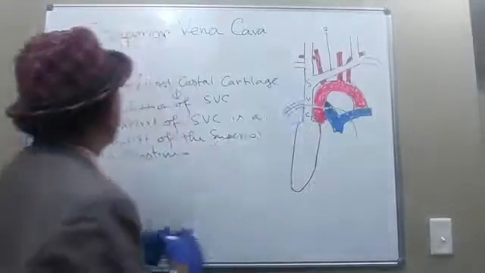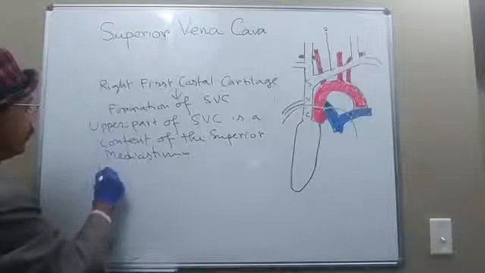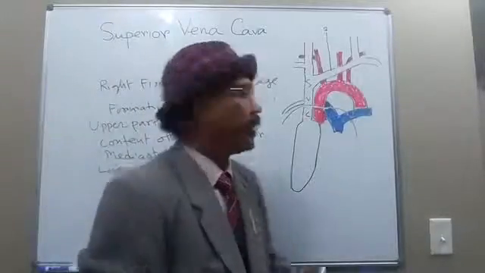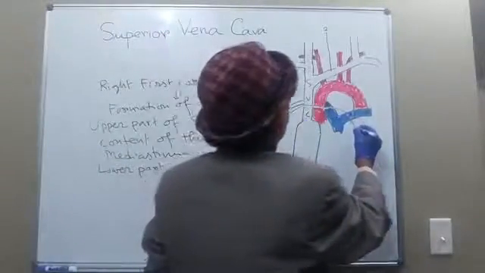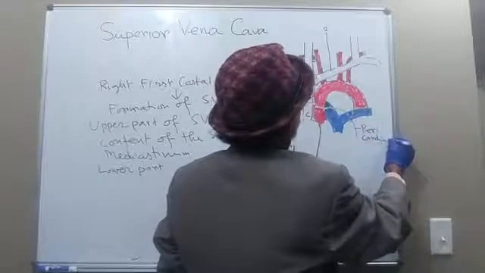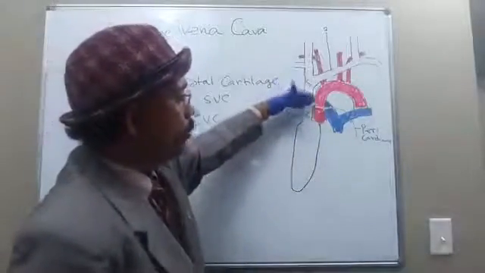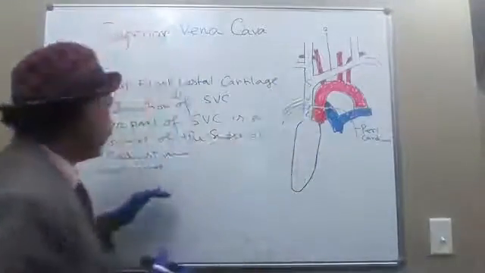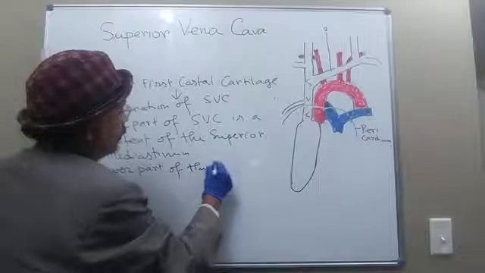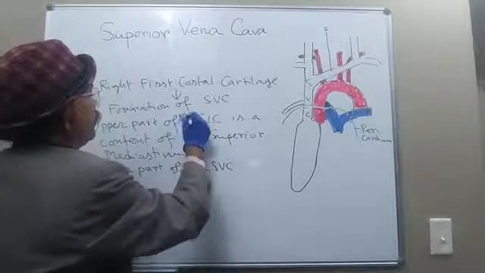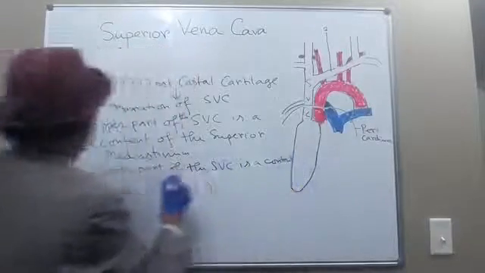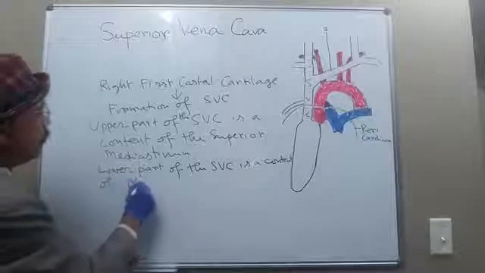How about the lower part, almost half? The part inside the pericardial cavity, below the pericardium, is a content of the middle mediastinum.